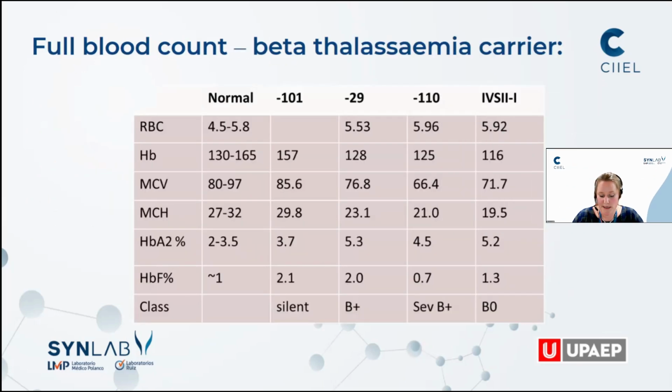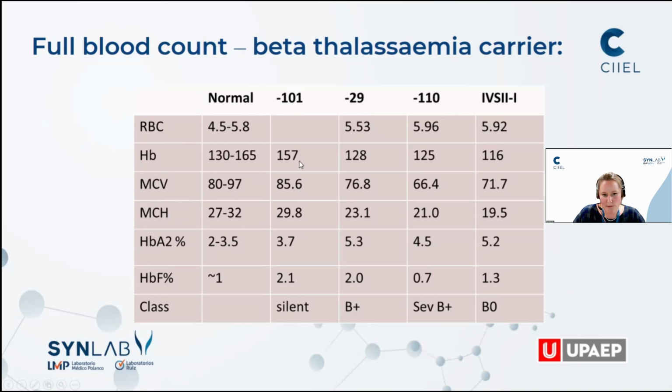So this is just an example of a full blood count that you would expect for a beta thalassemia carrier. Down the side you have your different full blood count indices: red blood cell count, hemoglobin, MCV and MCH, with the normal ranges here in the first column.